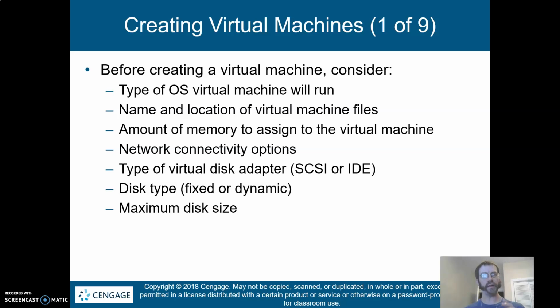Now, when we talk about disk type, fixed versus dynamic, it's important to note here that VMware, particularly in its vSphere and vCenter category, uses slightly different terminology. In VMware terms, this is provisioning: thick versus thin.